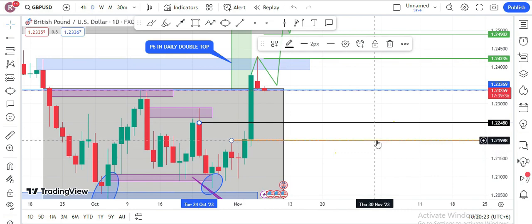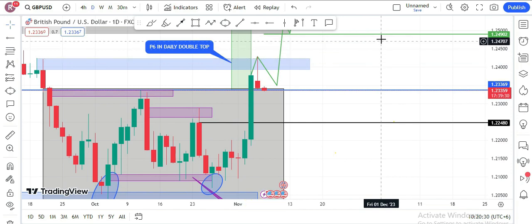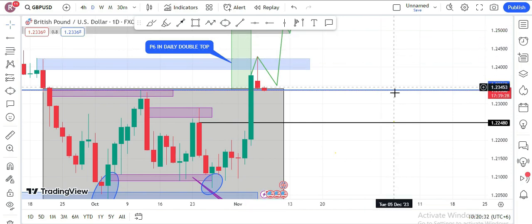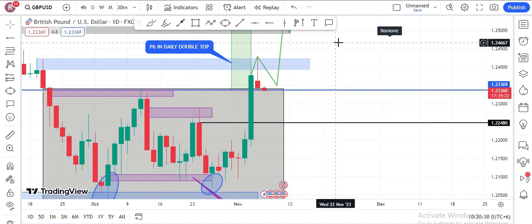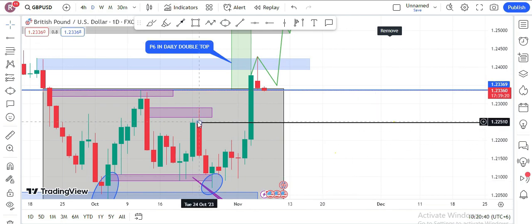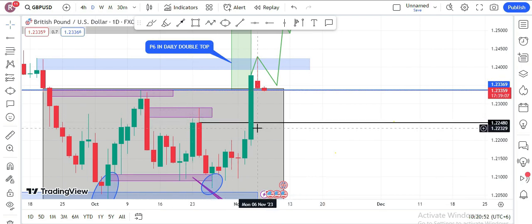Once the price gets inside here, it will take this liquidity to go further up or come down, because if price comes back here, at least it will take the liquidity from this zone.